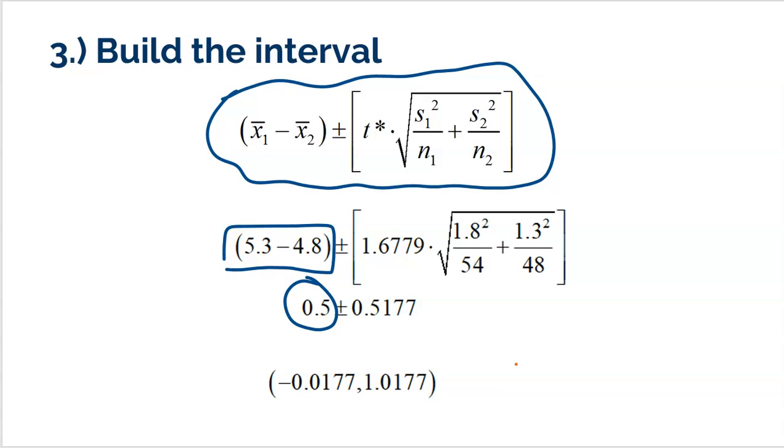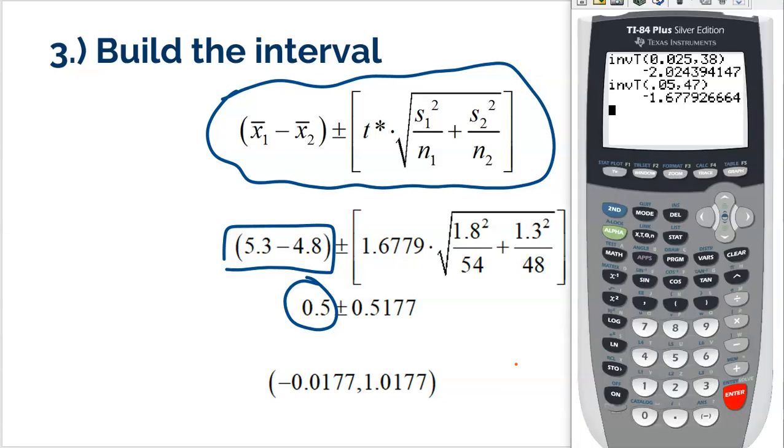And then finally, I need my standard error in the back. And this is where I got to be very careful to make sure everything is correct. For the Americans, it was 1.8 squared divided by 54, the sample size for the Americans, plus 1.3 squared divided by 48 for the Canadians. Now, to get the margin of error, I highly recommend just typing all of this into your calculator at once, 1.6779. And then I need a square root. And again, no parentheses. Your calculator is pretty smart here.